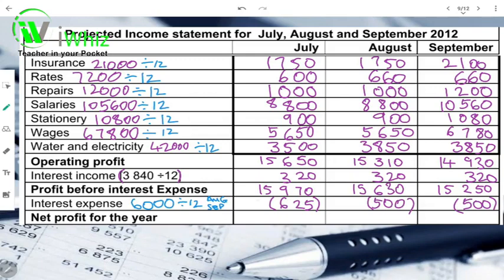Then lastly, your net profit for the year will be 15,970 Rand minus 625 Rand, which will give you an amount of 15,345 Rand. For September, 15,250 Rand minus 500 Rand will give you an amount of 14,750 Rand.